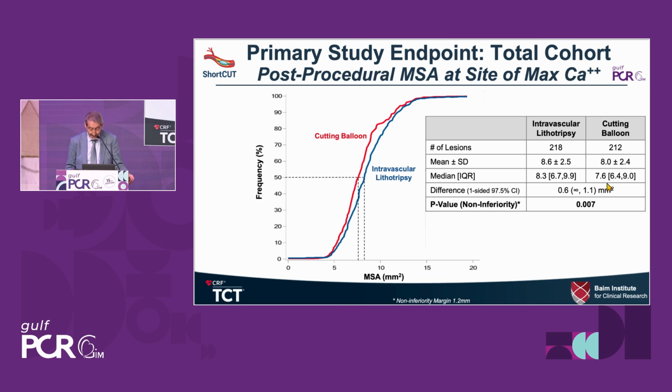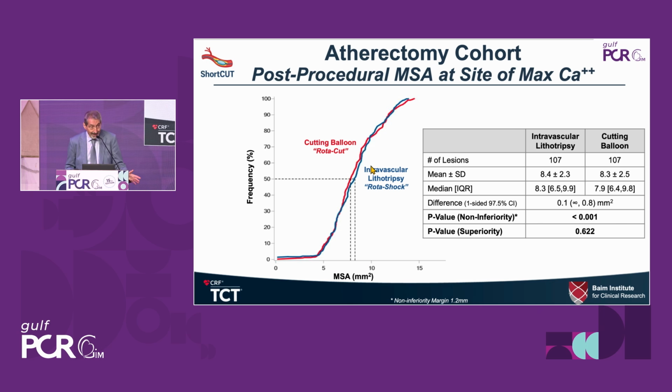A difference that, however, did not meet the non-inferiority criteria. Why? I think that was the main reason, because half of them had the randomization and the use of the two different devices done after rotational atherectomy. And after rotational atherectomy, the two groups had a superimposed area.